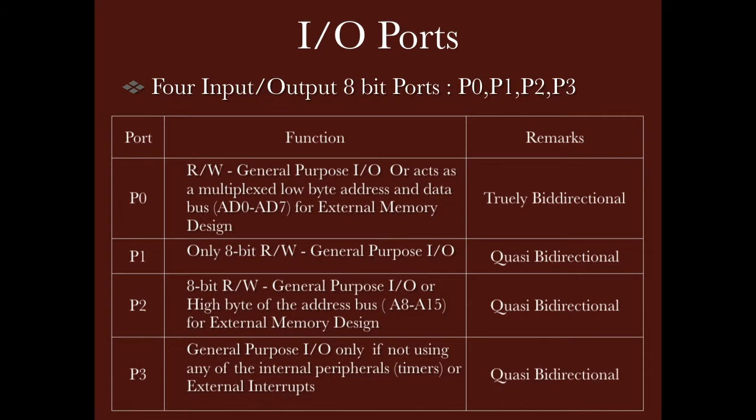Port P3 is either used as a general purpose IO port, or it is used for the interrupts, which are the external signals to this microcontroller. That is, except for port P1, all 3 ports P0, P2, P3 have dual roles to play.